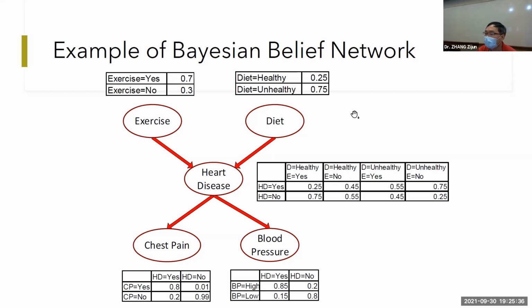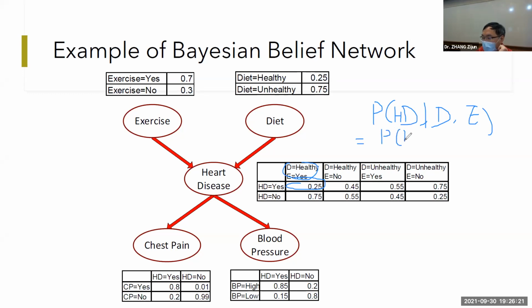Sorry, how do you calculate the table? Which one? E equal to healthy and E yes. This table, yes. You want to ask how we get this value 0.25, right? Yes. So if you have P(HD) conditioned on D and E, basically you are doing counting.